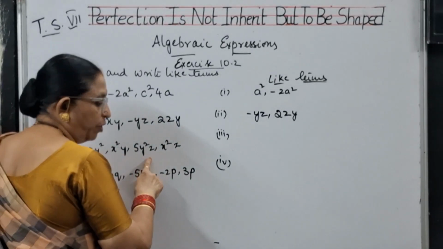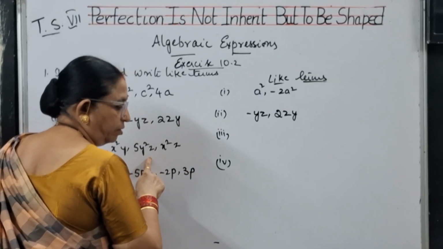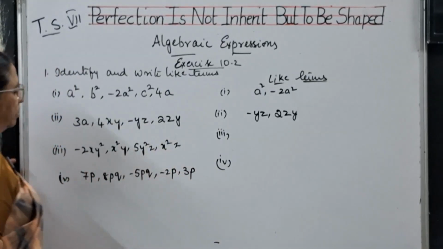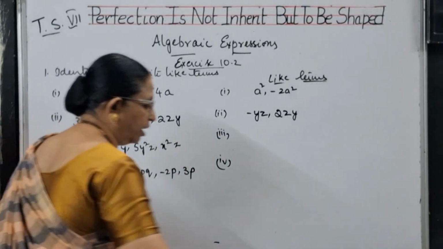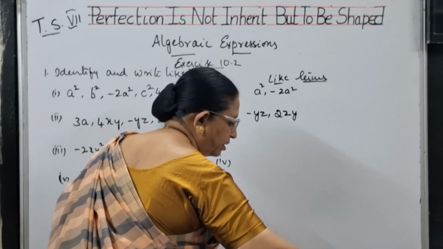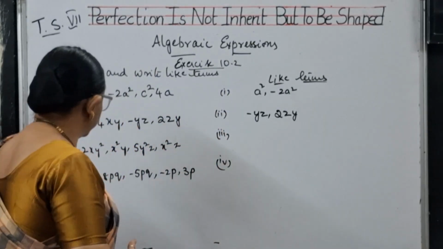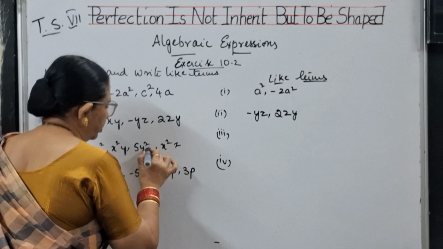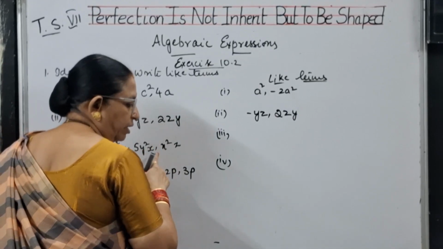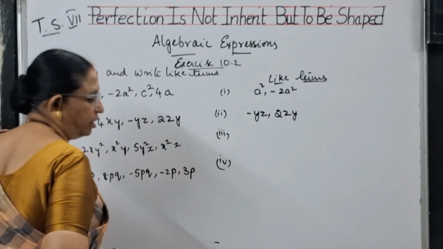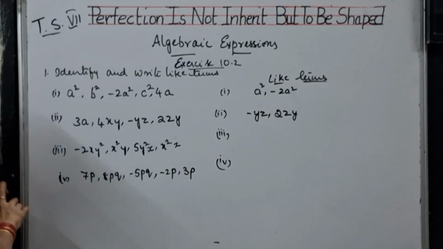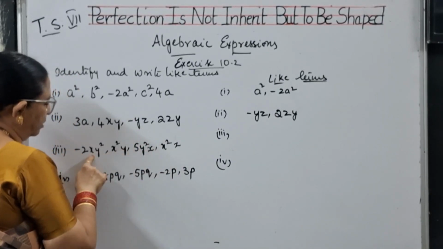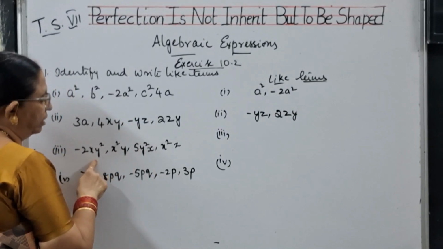Next you see y square z. Is there any other y square z? You don't have any. Okay, 5y square x, sorry children, this is 5y square x in the problem. If you take y square x, the combination is x here and y square here.